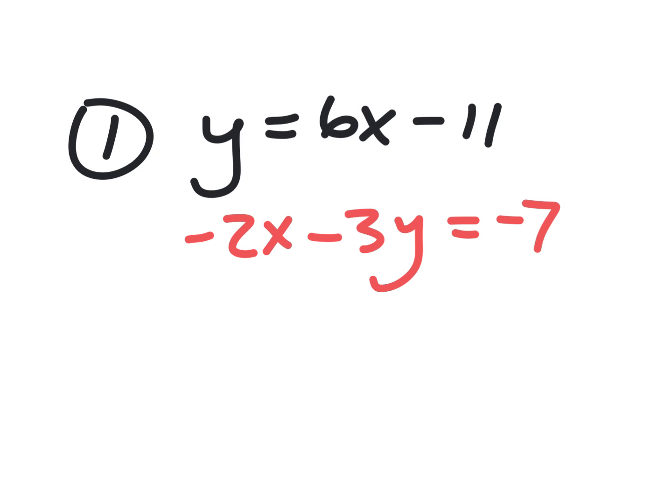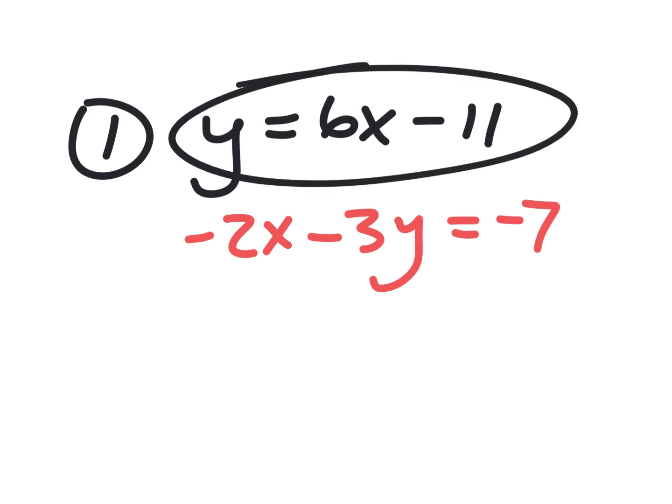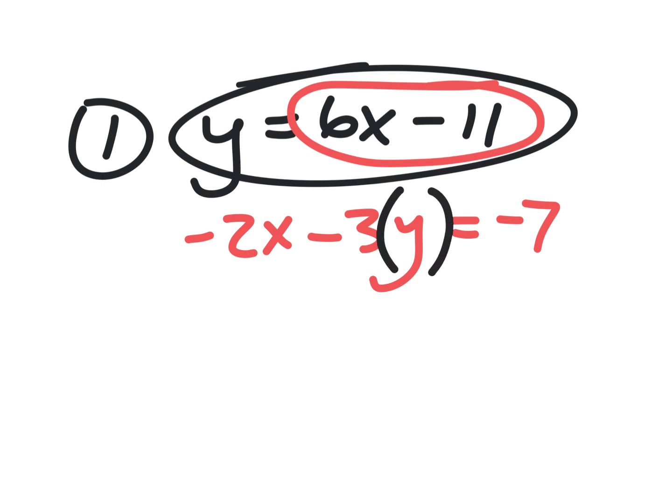Lila, is there something that is already solved that we can just stick in? The y equals 6x minus 11. Yeah. So I can put the 6x minus 11 where? Put it right there, so that I erase the y and replace it with 6x minus 11.